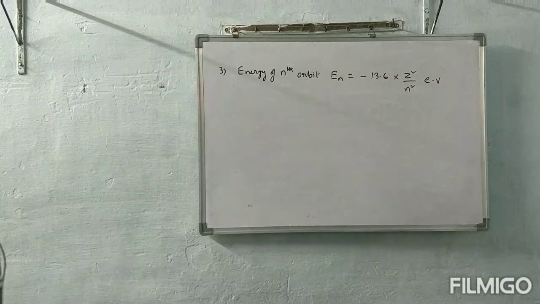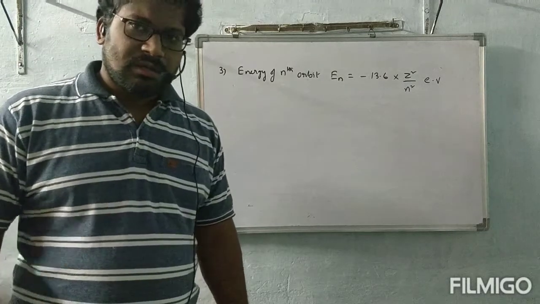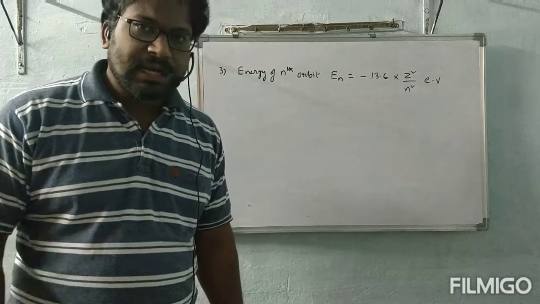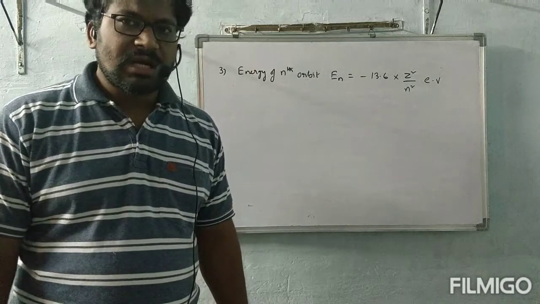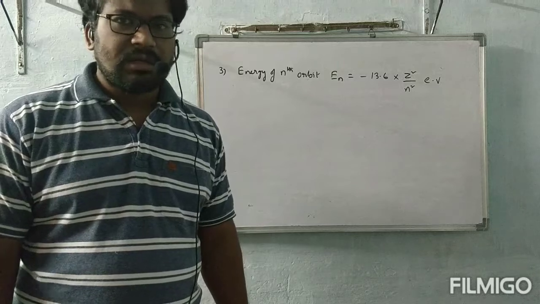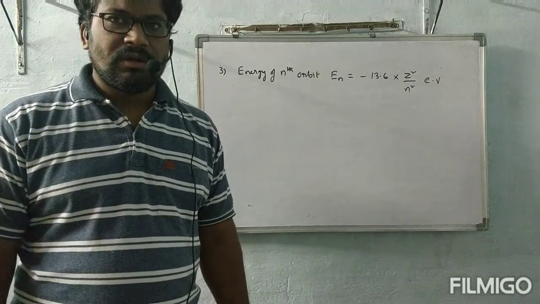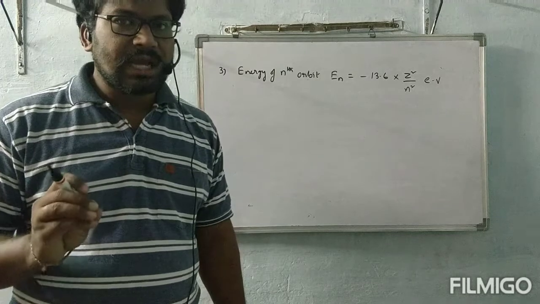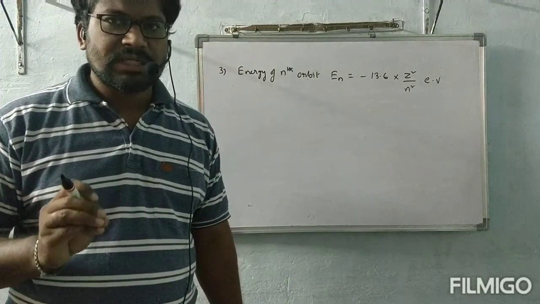For this energy of nth orbit also, he used mathematical calculation and derived it. That derivation is also there, but it is not given in your textbook. If you want, I will teach it in one class, no problem, but there is a little bit of mathematical calculation you have to understand. That is my suggestion.